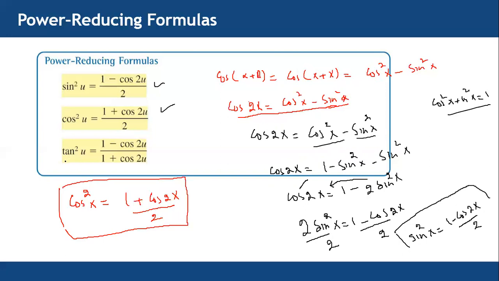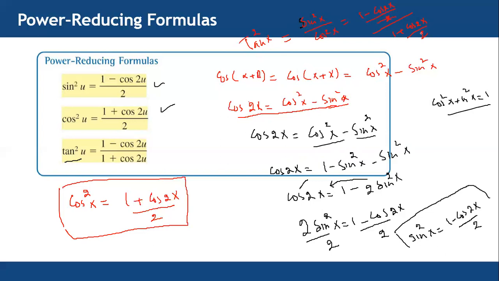How can you prove tangent square? Just by dividing. If you divide sine square x by cosine square x, where sine square x is equal to 1 minus cosine 2x divided by 2, and cosine square x is 1 plus cosine 2x divided by 2, this sine square over cosine square is equal to tangent square x.